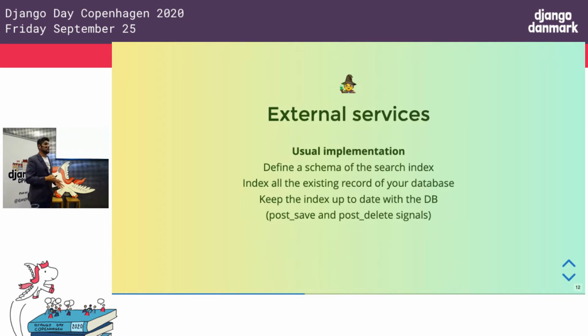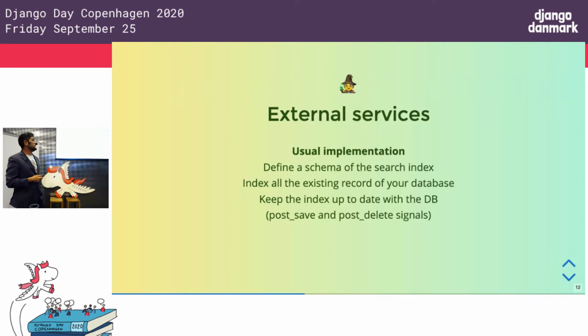How do these systems work? As I said, they are different, but there are some similarities between them. First of all, you have to define a schema of your search index. You can see that as the model of the search index. Then you have to index all the existing records that you have in the database into the system. You usually have a Celery task to do that, and you just go through everything.